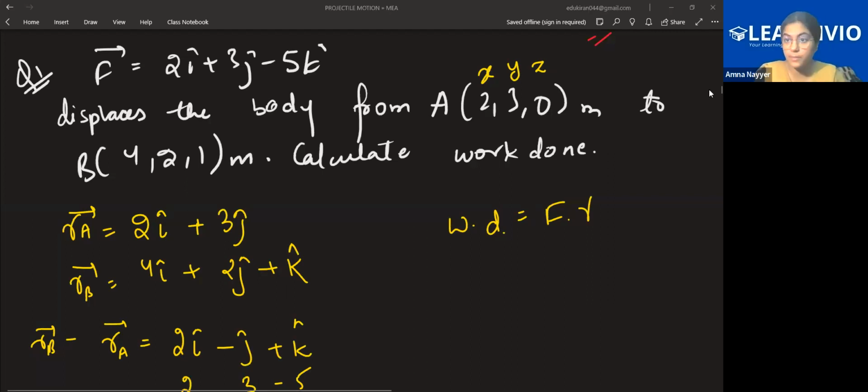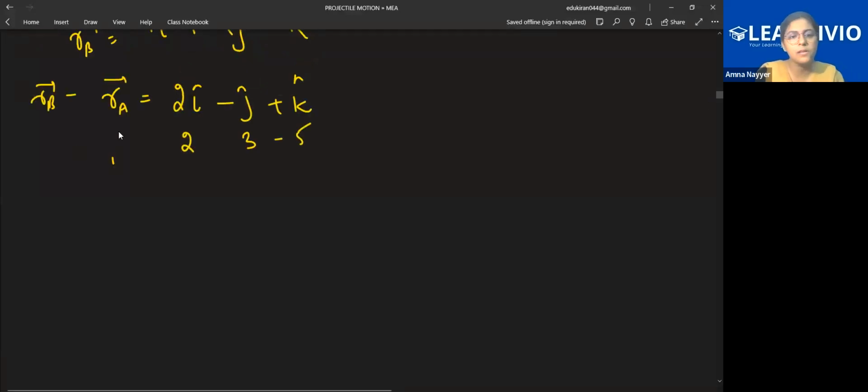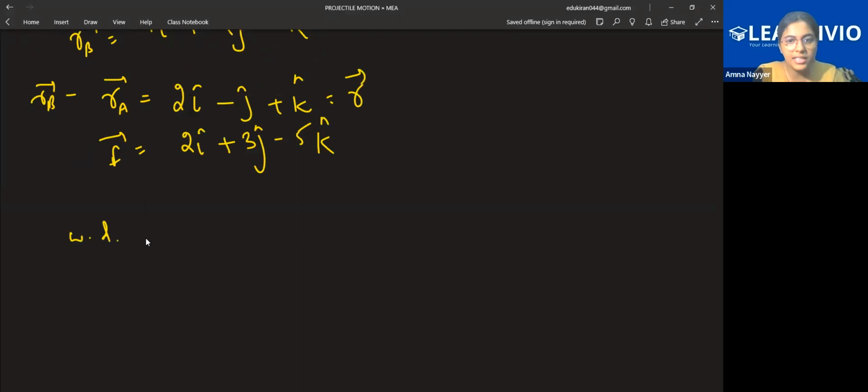Okay, Zainab has calculated. And the force is 2I cap plus 3J cap minus 5K cap. So if I have this as my radius vector, now I want to find out work done.